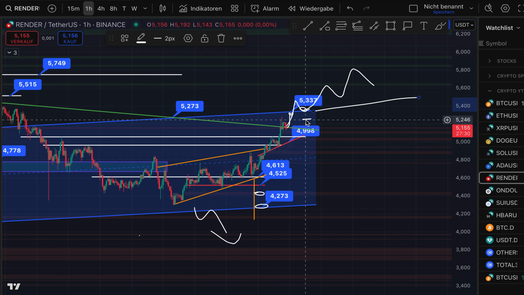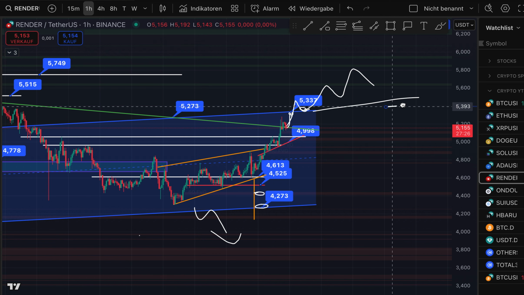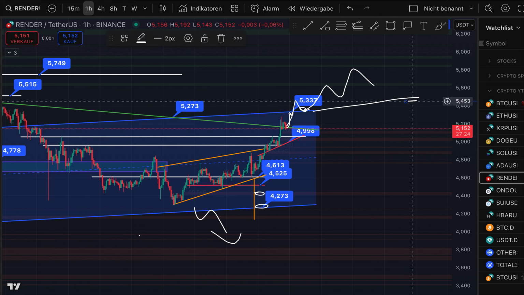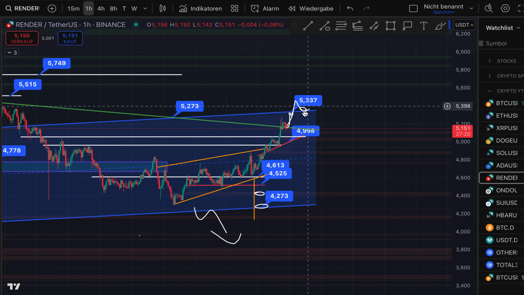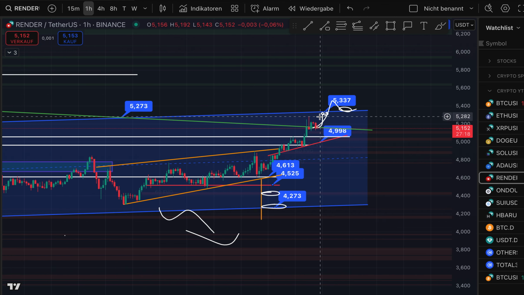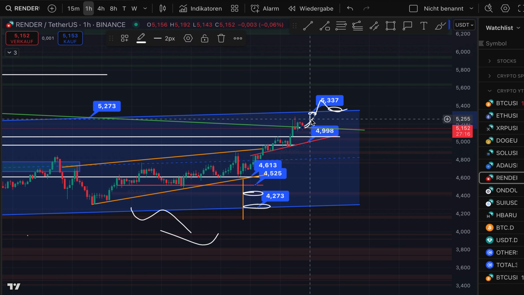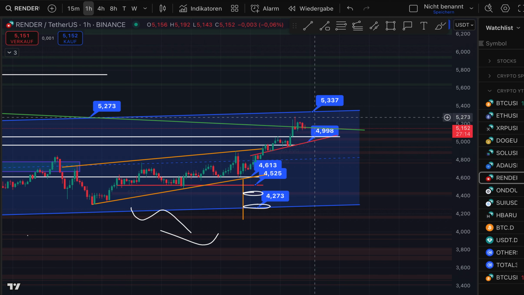And then over time, I can move my stop loss to break even or even into profits. So with every 1 hour candle which closes over the panel, I can move my stop loss into less losses or even more profits.